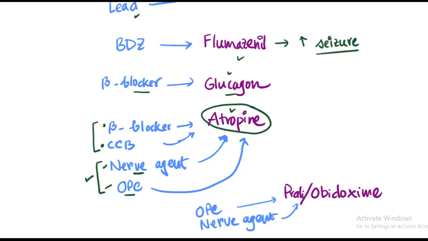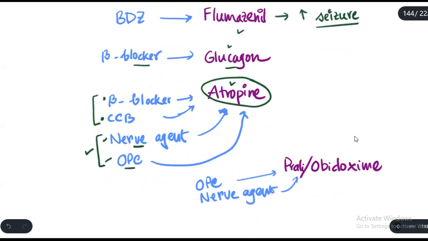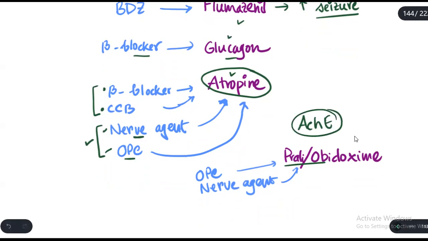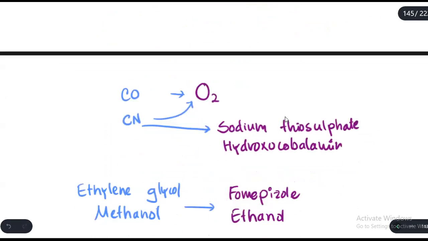Atropine reverses this by having an anticholinergic action. We can also give pralidoxime and obidoxime, which prevent or slow down the aging of acetylcholinesterase, AChE. This is the enzyme that is destroyed by the nerve agents or OPC. Pralidoxime and obidoxime try to recover the enzyme from destruction by OPC or nerve agents.